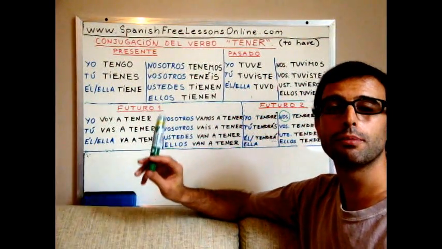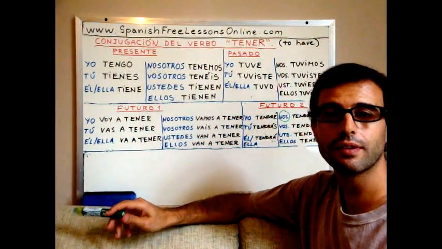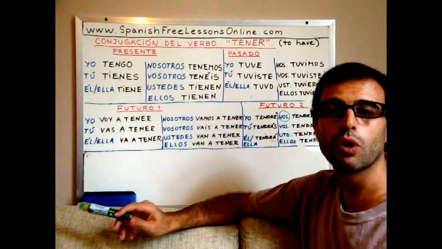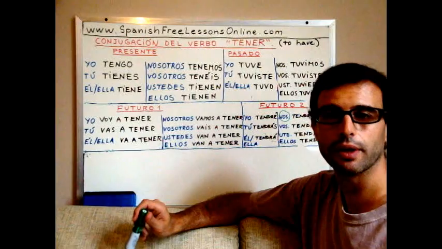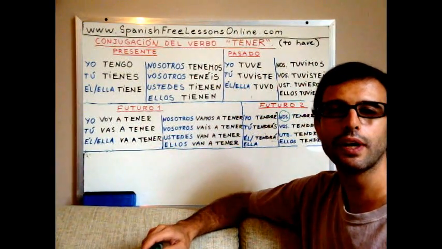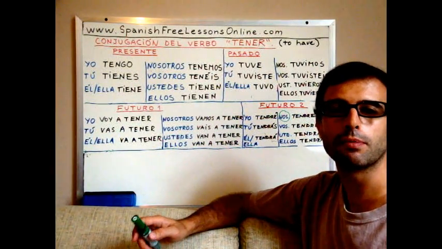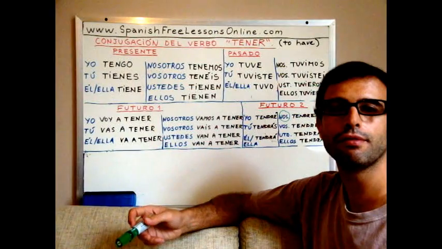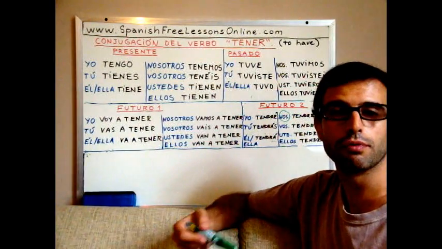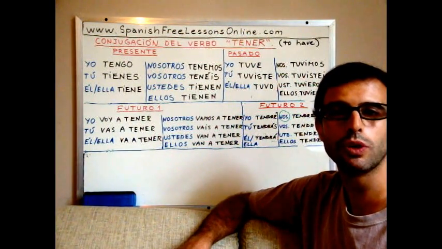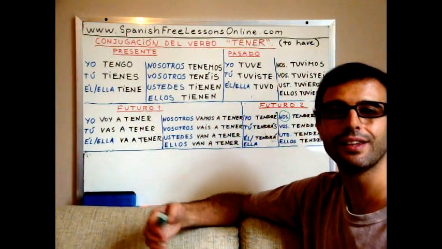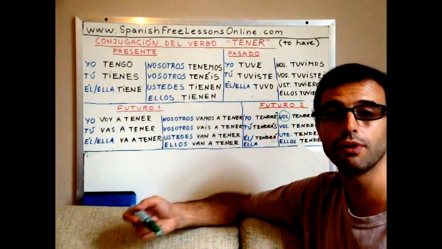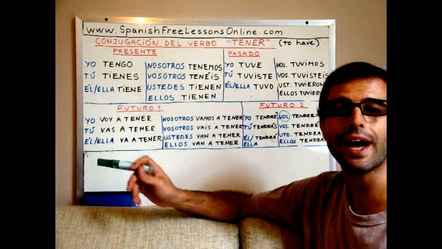However, verb tener also applies to situations where in English we use the verb to feel. Why? Because in Spanish, if we say, I feel cold, for example, we don't use the verb to feel, right? That would be sentir. That would be the Spanish verb to feel. We use the verb to have.